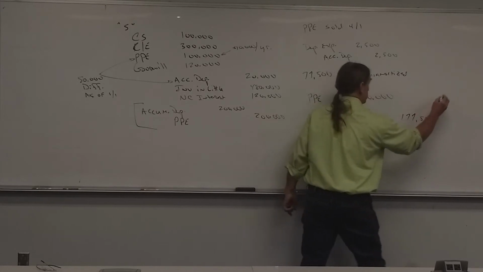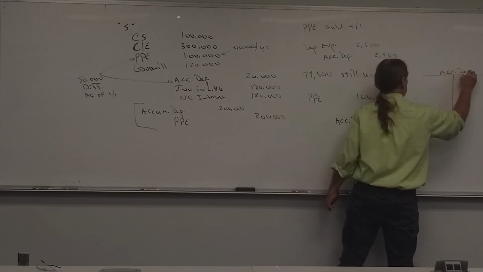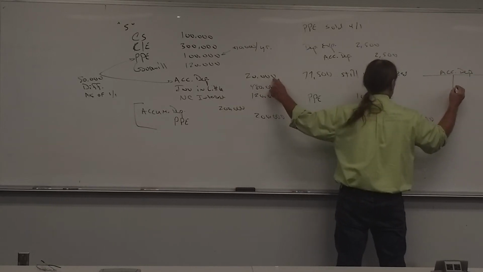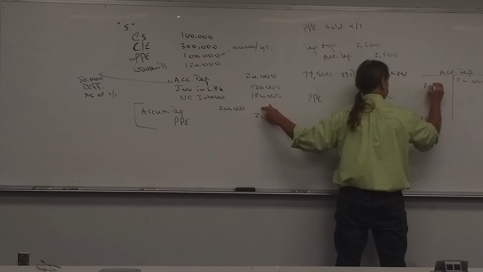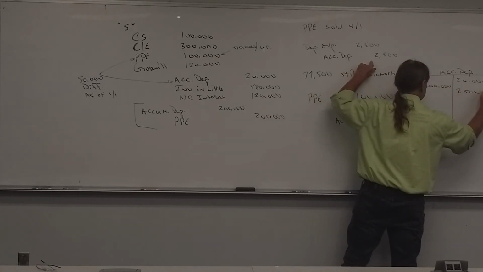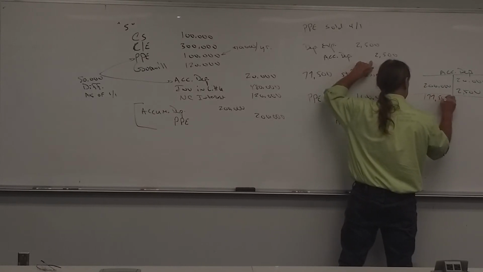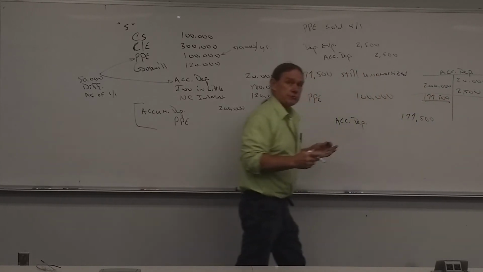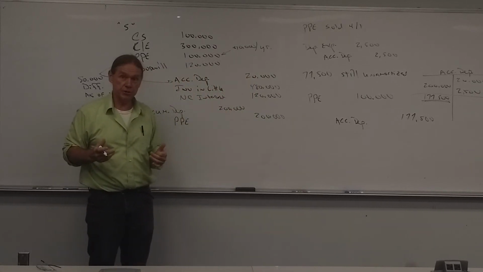It might be helpful to use a T account for that accumulated depreciation. So what did we do? In the S entry, we credited for 20, we debited for 200, we credited for 2,500. All this stuff nets out to 177.5. So through our elimination entries, we've put a $177,500 debit to accumulated depreciation on the balance sheet.